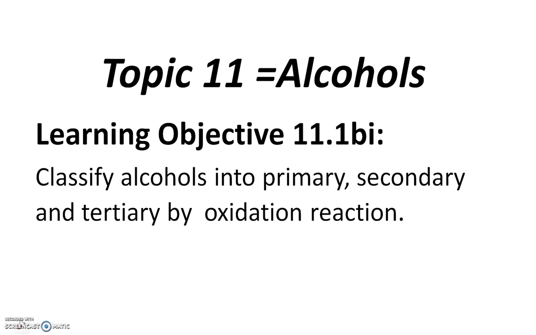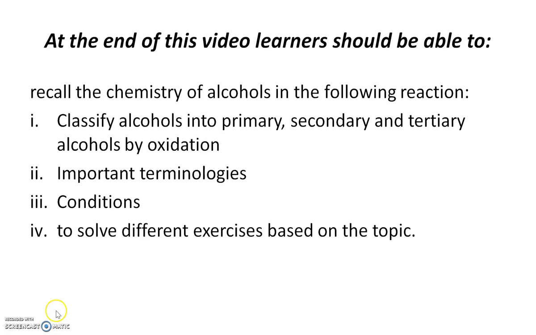This video is about topic 11, alcohol, objective B1 11.1 B1. Classify alcohols into primary, secondary and tertiary by oxidation reaction. At the end of this video, learners should be able to recall the chemistry of alcohol in the following reaction.